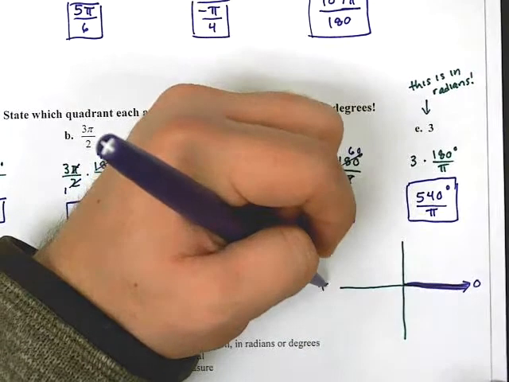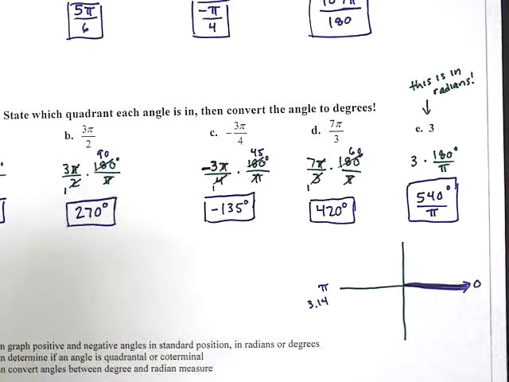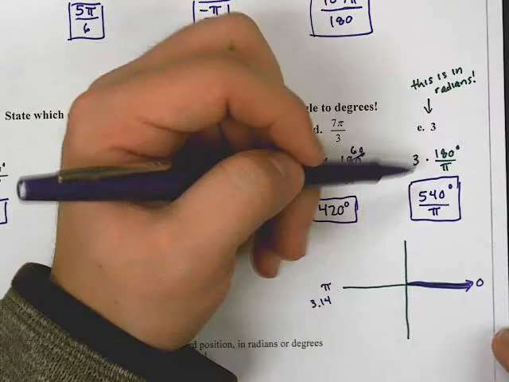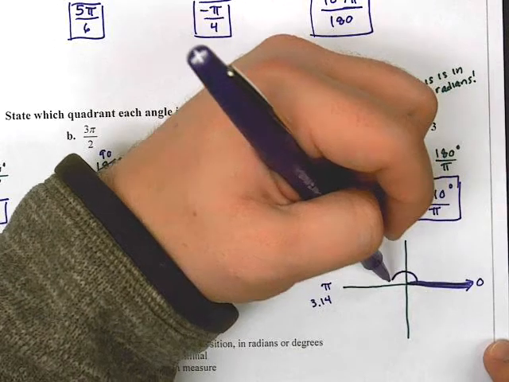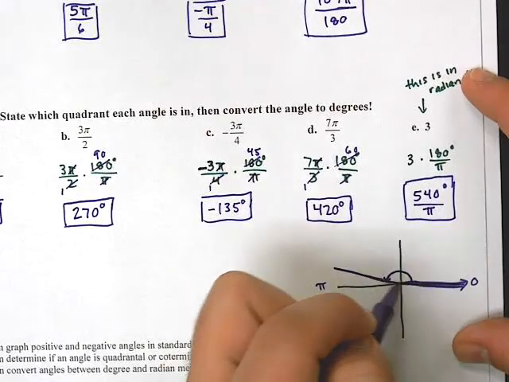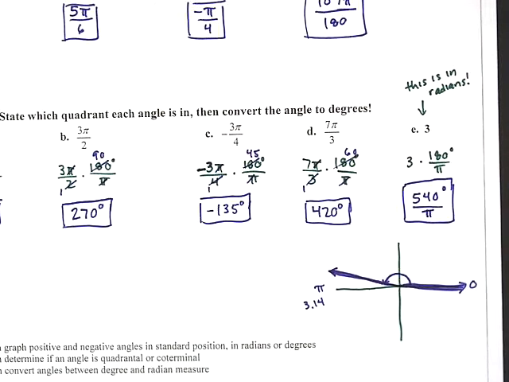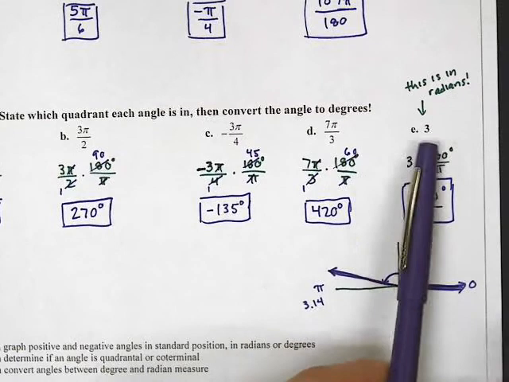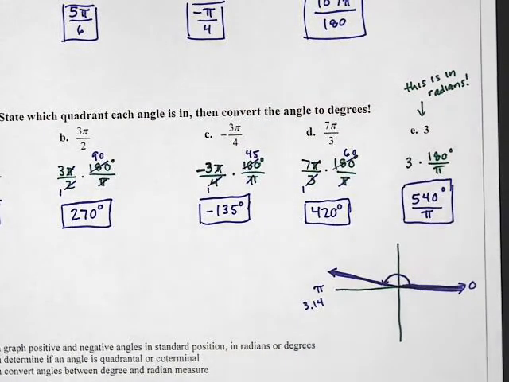Well, pi is about what? 3.14. All right, so we would need to know that if we want to graph 3, it would just be a little bit before pi, something like that. All right, so that's one thing that I want you to be on the lookout for and understand, that you can graph this even though it's not a nice radian number. This is doable. It is doable.